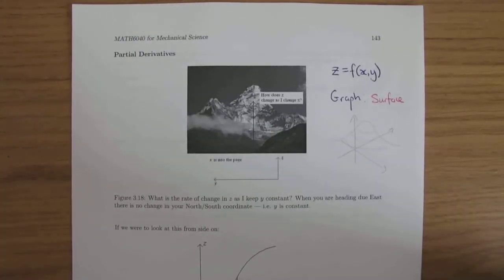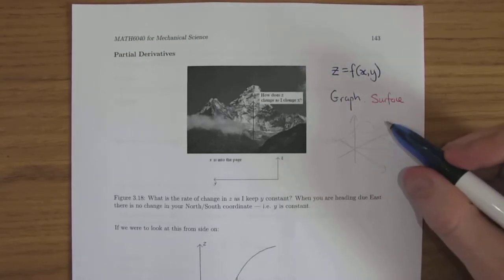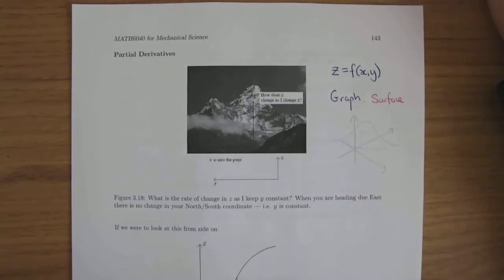This is a perfectly good way of thinking about it because at each point you have input, output. The input you can think of as the latitude and longitude, and the output you can think of as the height above that point. So the surface of the Earth is a pretty good mental model for what these graphs look like. Okay.